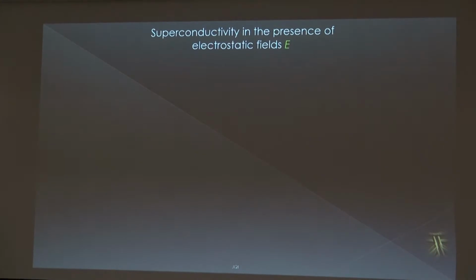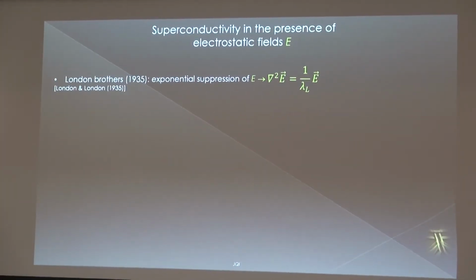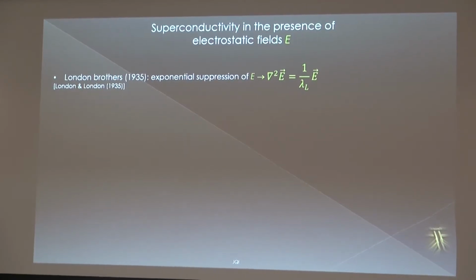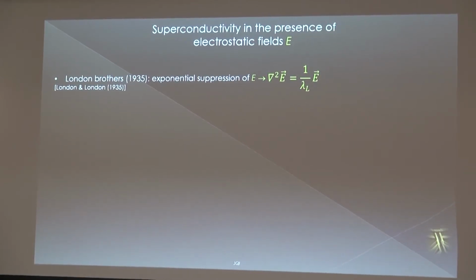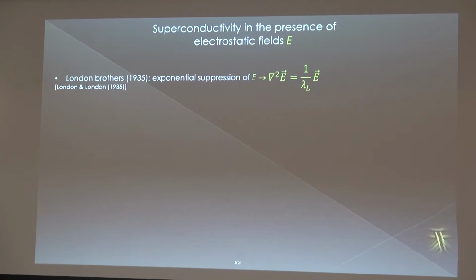Okay, so let's start with what is known in superconductivity from old school physics, let's say, physics of the 50s and the 60s in BCS superconductors. So we can say that since the original formulation of superconductivity, around 1935, the London brothers predicted the exponential extinction of an electric field inside the superconductor over the same length as happens for the magnetic field. So the London penetration depth. Okay.